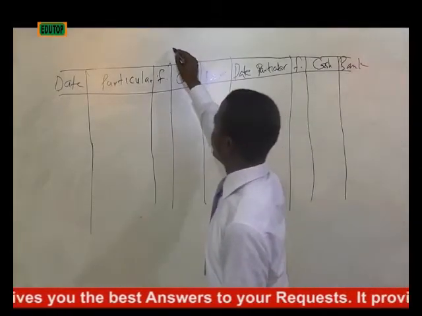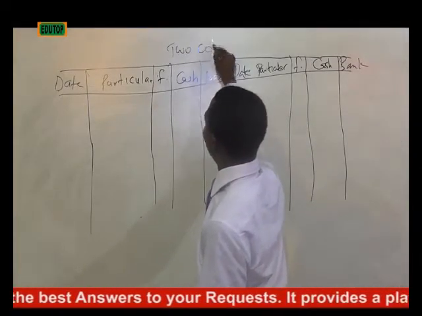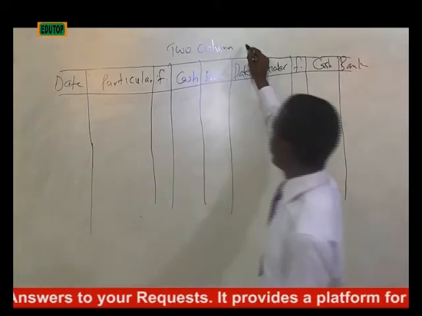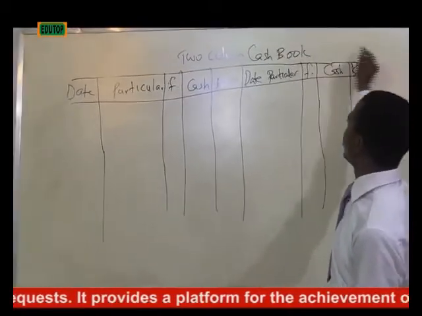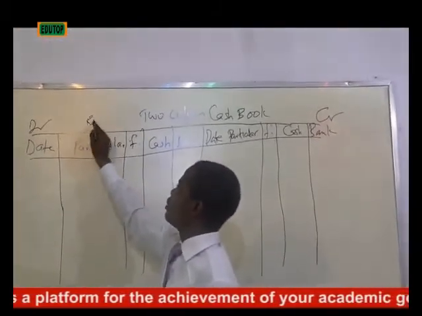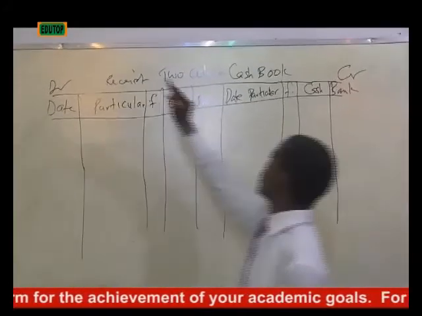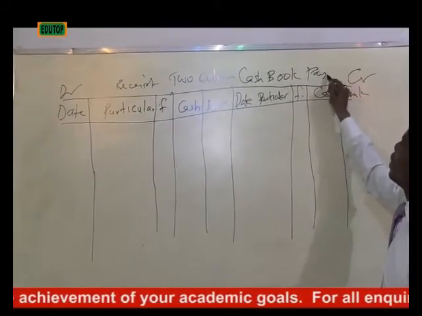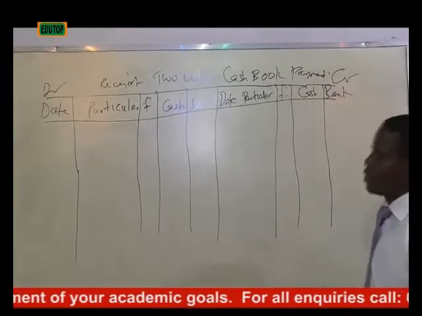Now, 2 column cash book. Don't forget the debit and credit side. This is the receipt side and this is the payment side.